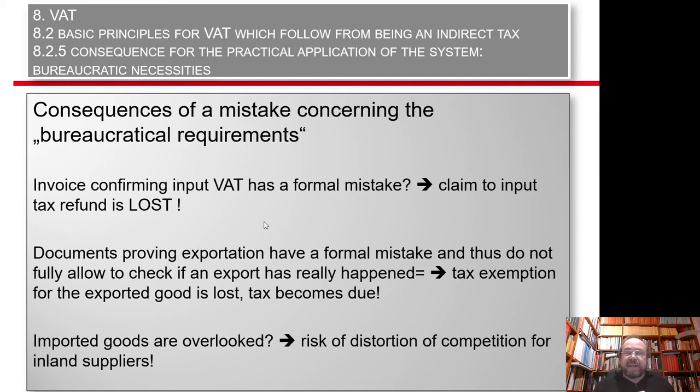Now, that explains why VAT, although between enterprises it has no real financial impact or cost impact, can become highly dangerous, because if an invoice confirming input VAT has a formal mistake so that the fiscal administration regards it as not sufficient to guarantee that the VAT treatment by the former supplier was correct, then the claim for input VAT is lost for supplier B, let's say.